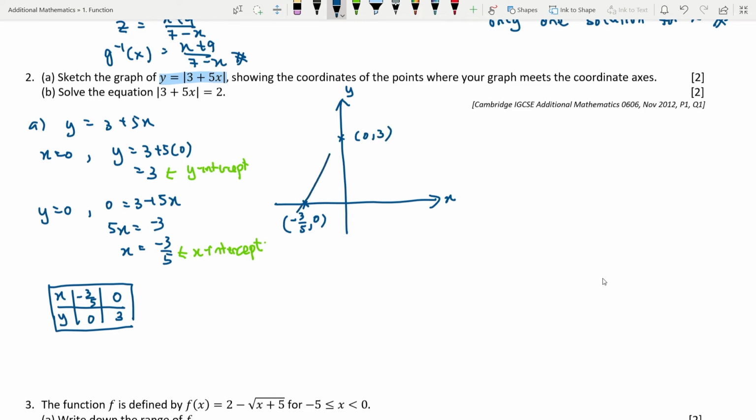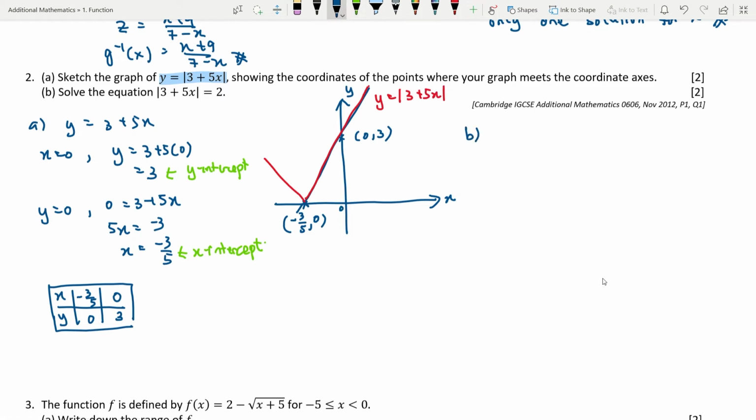This is how the graph should look like without the modulus. Because we have a modulus graph, all the negative part will become positive. So we get a graph that looks like this instead. So y equal to modulus 3 plus 5x.